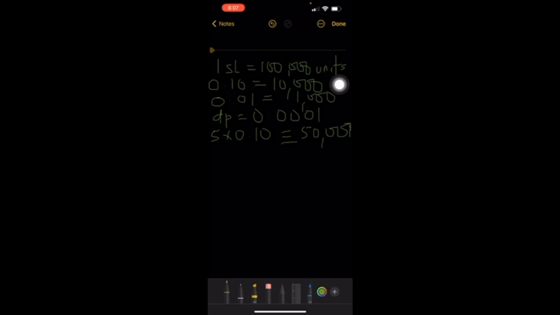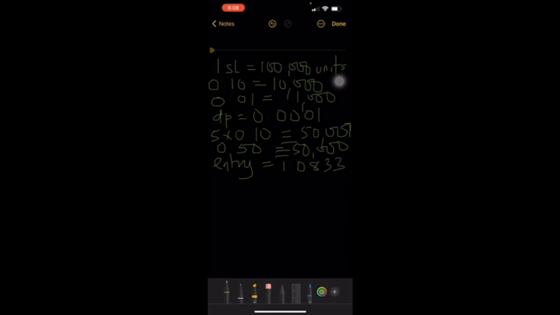So if 0.10, a mini lot, is 10,000 units of the base currency, then 5 mini lots is 5 times 0.10, so this becomes 0.50, equivalent to 50,000 units, right? Remember, we were going to note our entry price. Euro USD is currently trading at 1.0833.